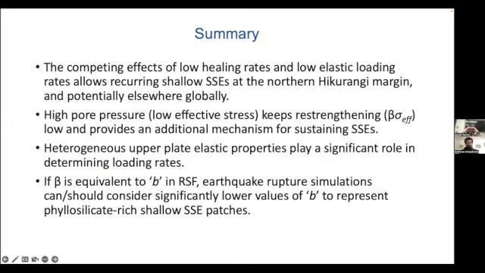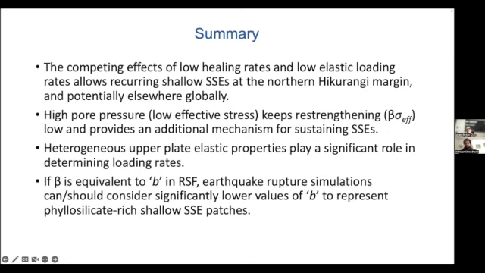Okay, so just to summarize this first part of my talk, what I've showed you so far, and hopefully convinced you somewhat, is that the competing effects of low healing rates and low elastic loading rates of the upper plate allow recurring shallow slow slip events at the Northern Hikurangi margin and potentially elsewhere globally. And I think that's important because these clay-rich materials are somewhat ubiquitous in shallow plate interfaces everywhere.